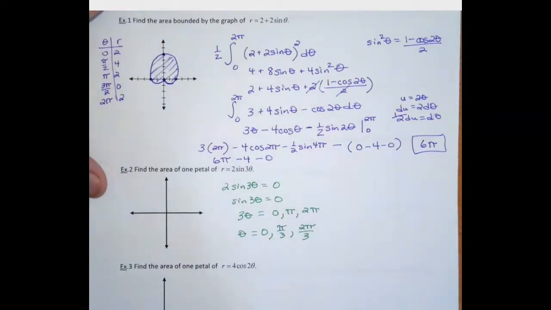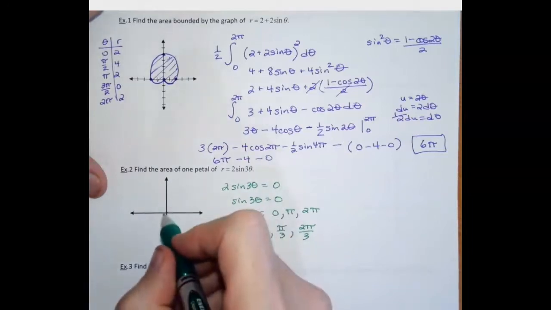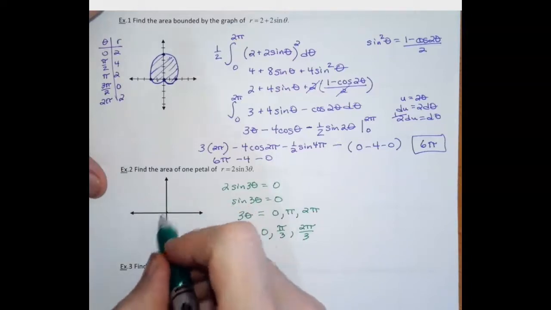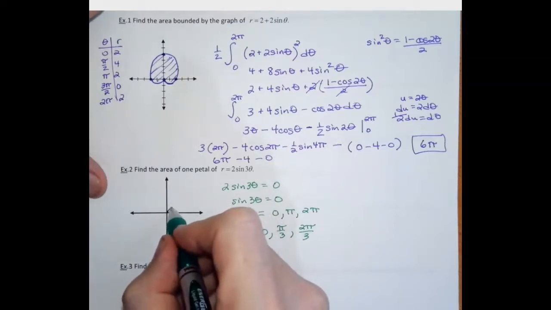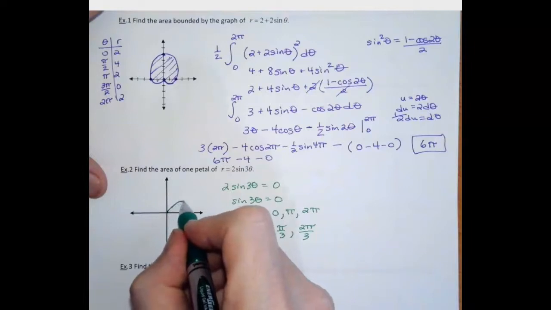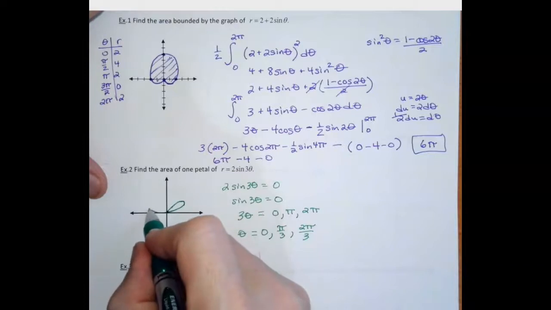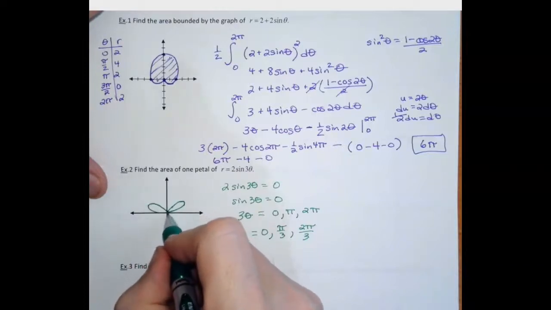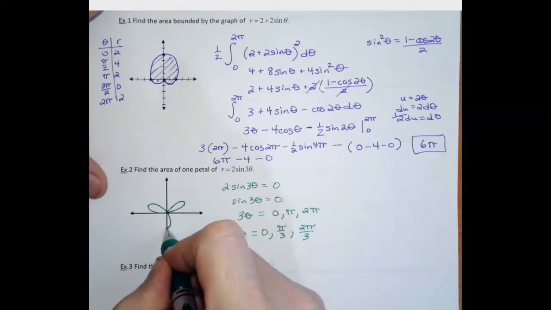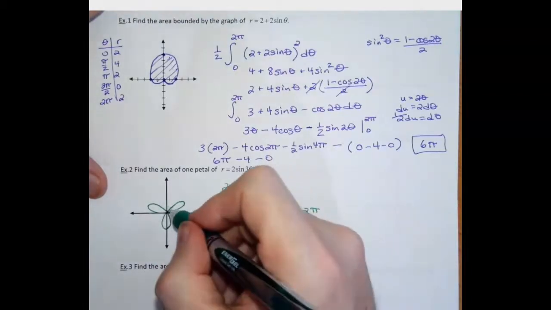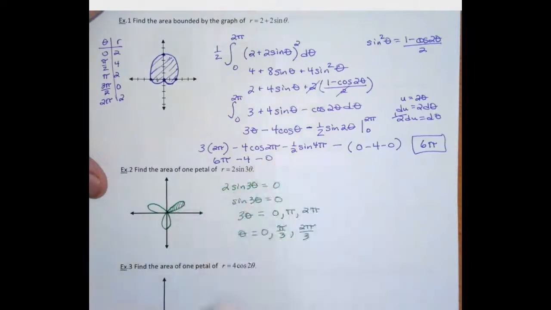Okay, so we're going to start at 0, and I'm not going to be able to graph this very well, but basically we're going to get a petal over here, and I might not be graphing this in the right order either, but something like that. We're trying to find the area of one petal.